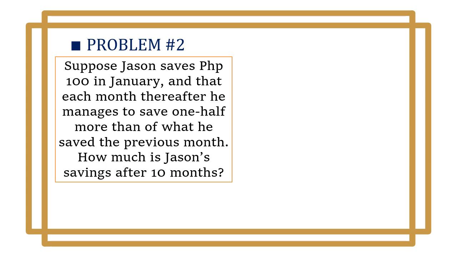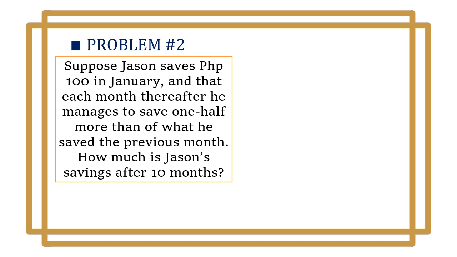For example, in January, it's 100. So what would be Jason's saving on the second month, which is February? What would be the value as described in the problem? It's 150, right? One half more than the previous month.